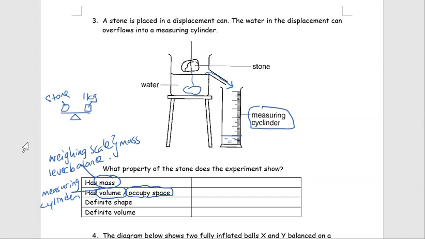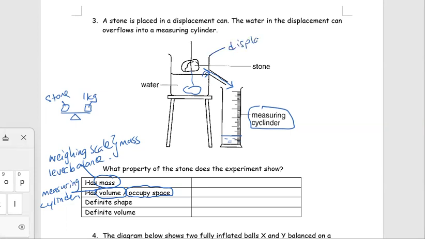Just like, if you go to school and you and your classmates are lining up, and a friend wants to come in and stand in front of you, your friend occupies space and as a result pushes you a little bit to the back. The stone is the same thing. When you put it into the water, it occupies space, so it pushes the water out of the displacement can. This is the displacement can.